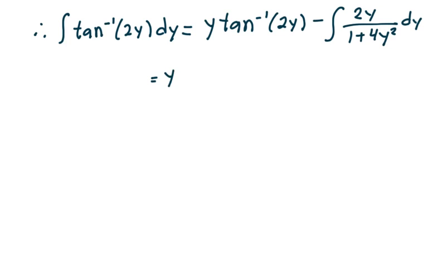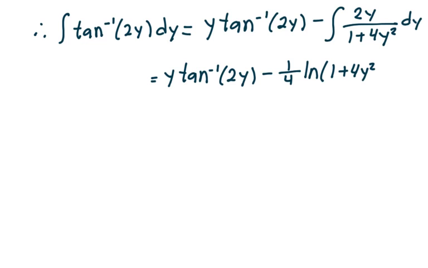And so this is y arctangent of 2y minus, now the integral of 2y over 1 plus 4y squared is 1/4 natural log of 1 plus 4y squared plus c. And if you need, we can calculate that integral on the other side.